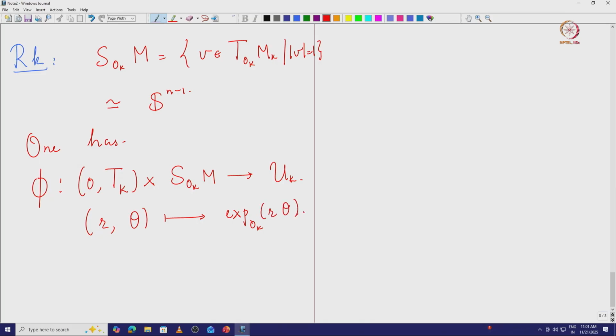Okay. And so then I am saying that you identify this with S^(n-1) with the usual sort of round metric. One can do that because at the point O kappa the metric g is basically the Euclidean metric, right. So then all I am saying is that if you pull back your Riemannian metric on U kappa, then in these coordinates it will basically take this form.